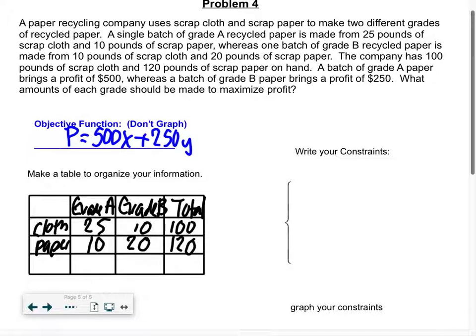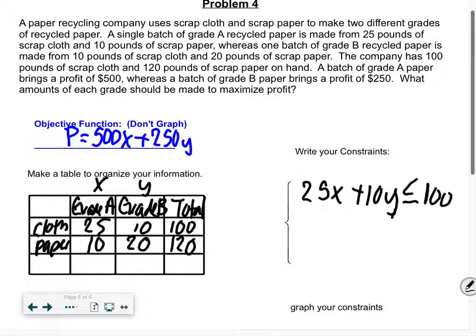Now we just gotta write our constraints. So we said grade A, X, grade B, Y. So our first one's about cloth. I got 25X plus 10Y. Can I make more than 100 pounds worth? No. I am maxed out at 100 pounds of cloth.